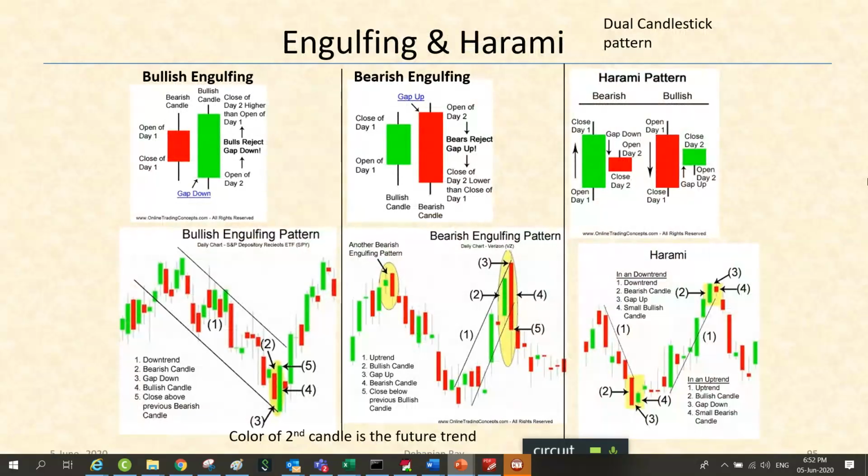Now this is a very common pattern. It is called engulfing, and then the Japanese term harami. Though in the Hindi word it may not convey so well, the concept is that if you see two consecutive candlesticks, the second one's body is more than the first one. This is called bullish engulfing, because the second candlestick is larger than the first one. In the second case, it is a bearish engulfing.